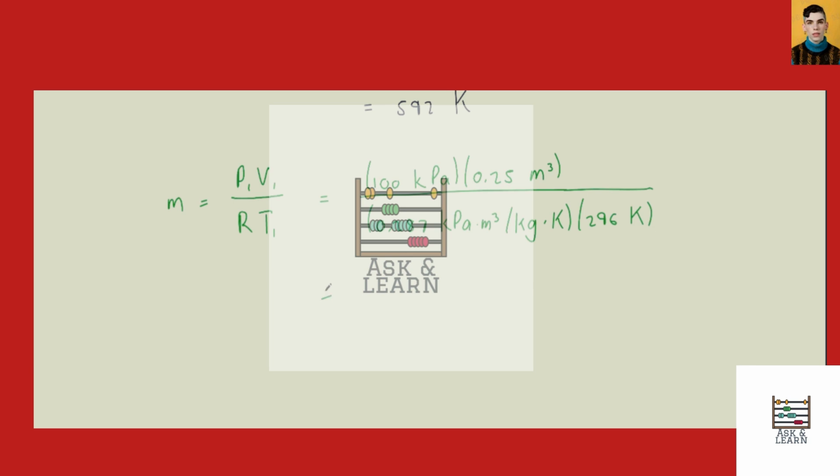So if we do this calculation, we get the mass of the air to be 0.2943 kgs.